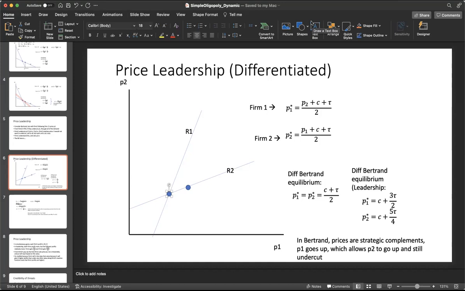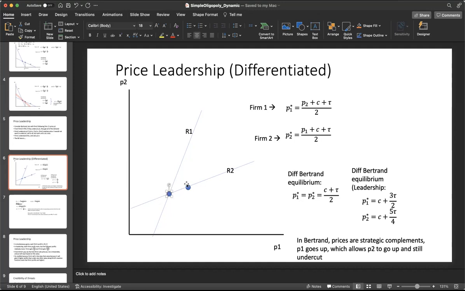It's in the budget set, if you want to think about it in consumer terms. Was firm 1 able to choose that equilibrium if it wanted to? What's the answer? The answer is yes, it can.